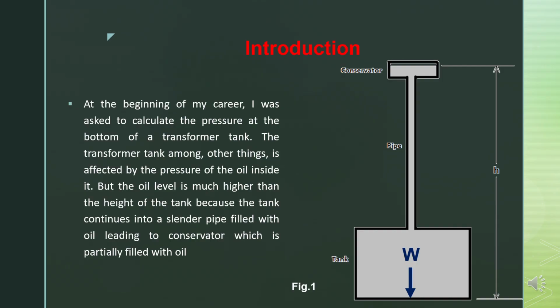When I was asked to calculate the pressure at the bottom of the transformer tank, I calculated the total quantity of oil, found its weight, and divided the weight of the oil by the bottom base area of the transformer tank. I got a pressure value and reported it.